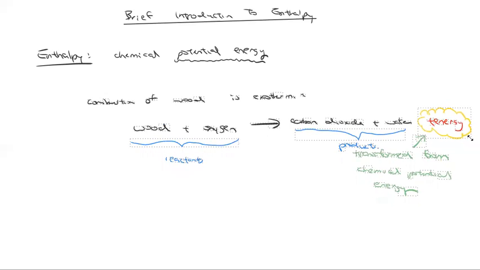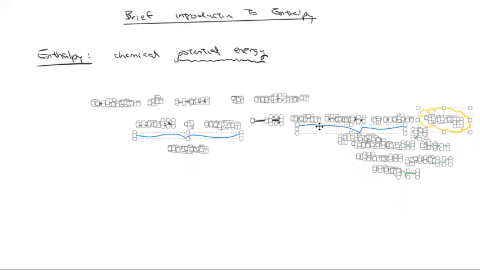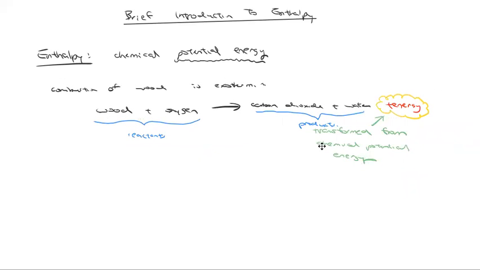And given that we've got this energy given off as well, which do you think is higher in this situation, the chemical potential energy of the reactants or of the products? Of reactants.